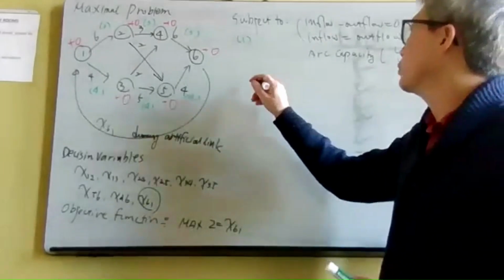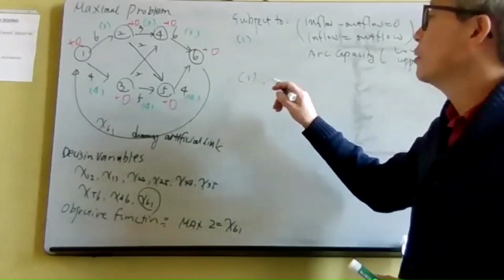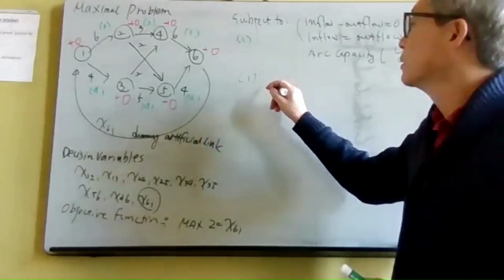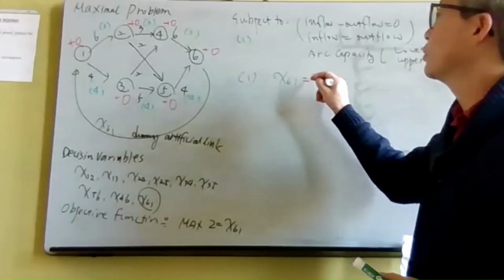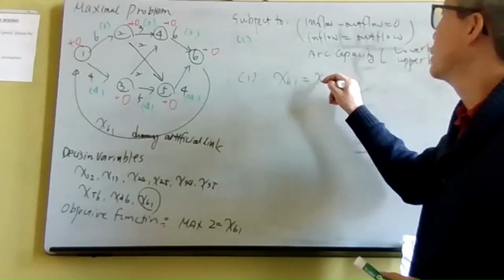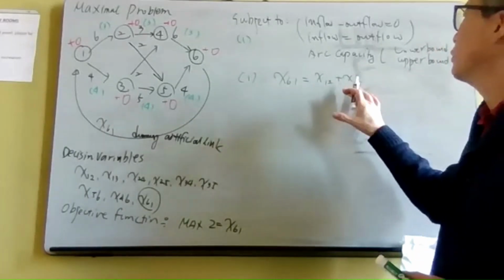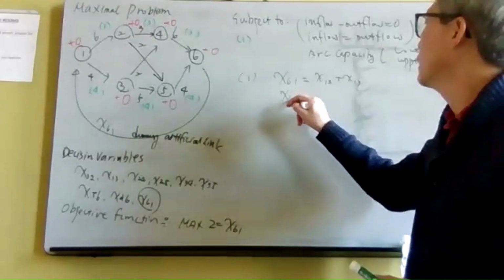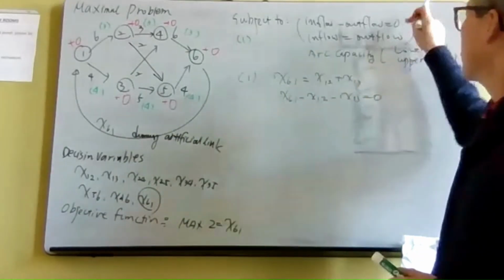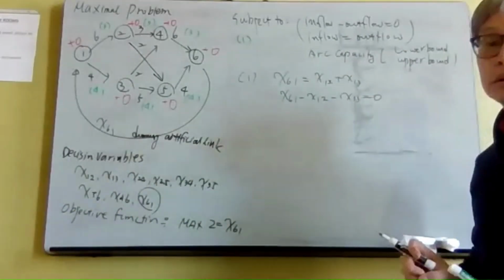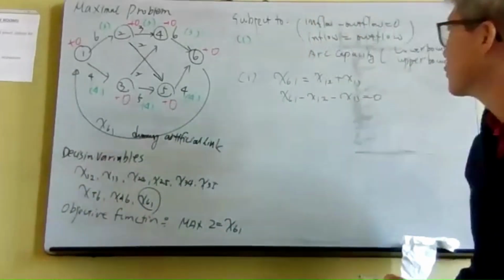Now, node 1: inflow x61 should be equal to outflow x12 plus x13. If you move all variables to the left-hand side, equal to 0.